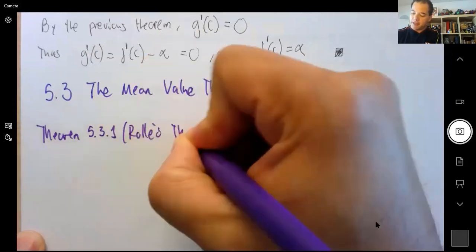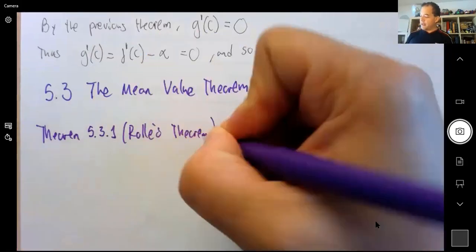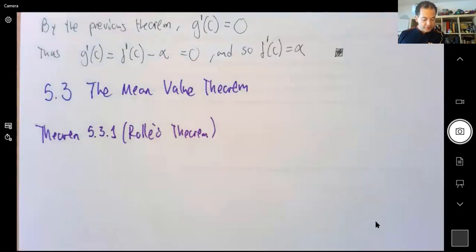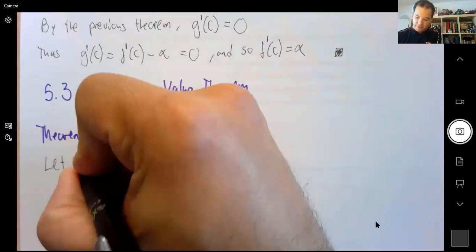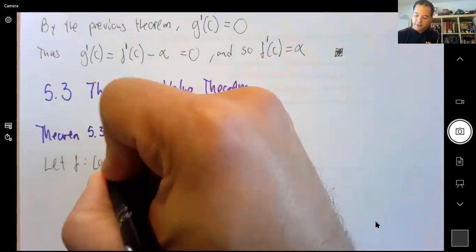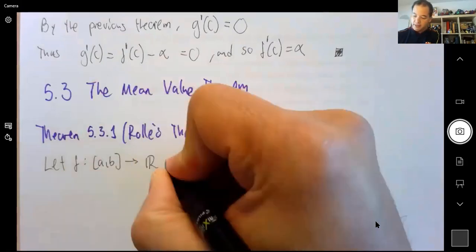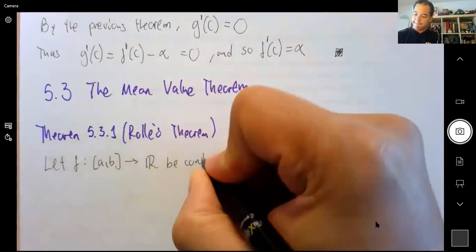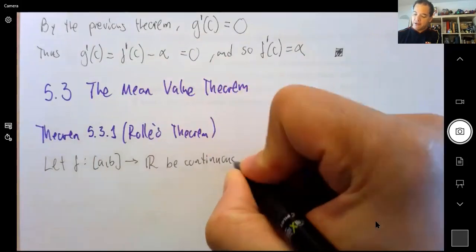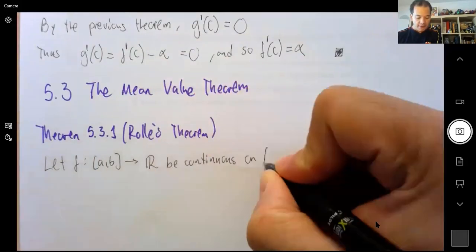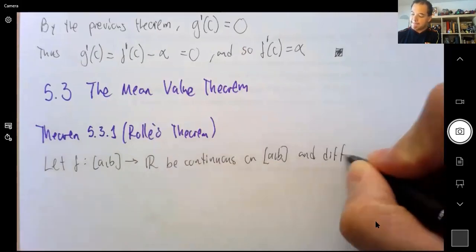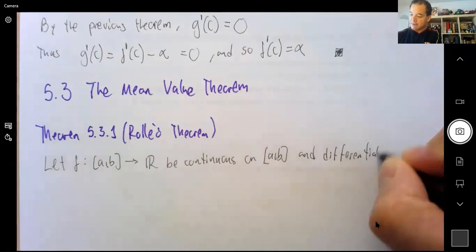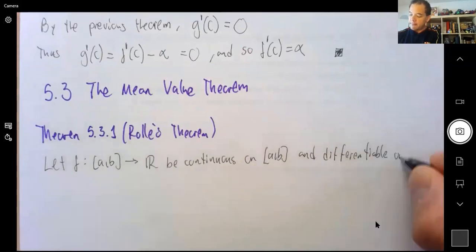And it seems to be a particular case, but it's actually pretty much the entire thing. So this is what it says. Let f from AB to the reals be continuous on the closed interval AB and differentiable on AB.